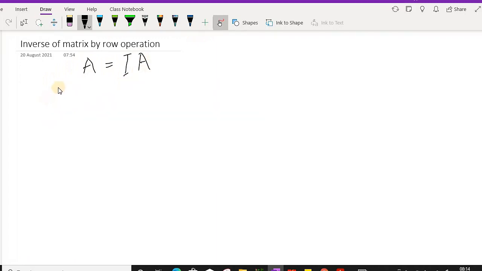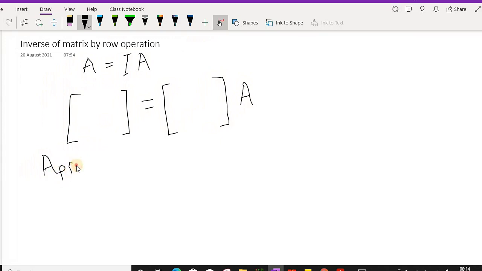Now we do row operations. Next step, I should write A as a matrix equal to I as a matrix, and you write A only here. Now you apply row operations.